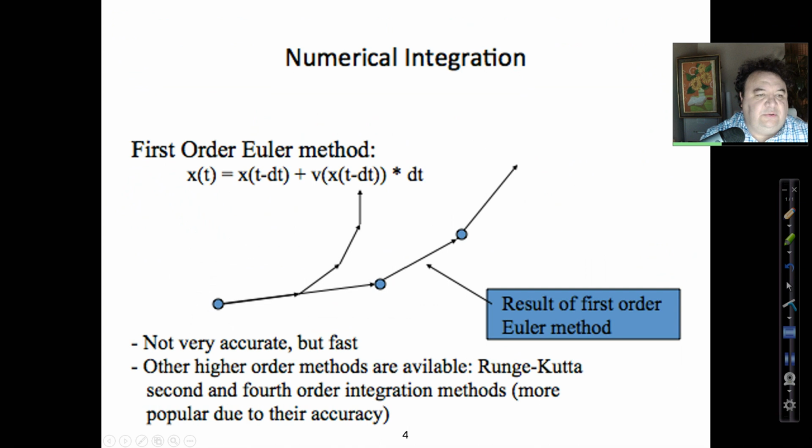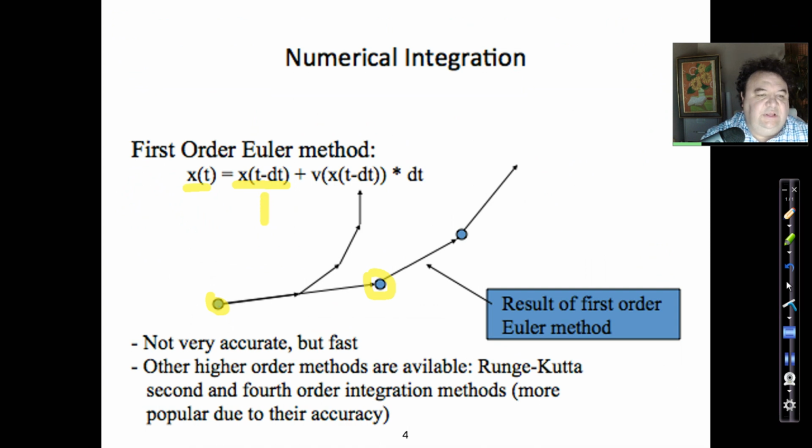So the first order Euler method has a fairly simple equation. So you have the position of, say you have a particular starting point, and we call this x of t minus dt, so it's kind of your previous location, and you want to compute the location that comes after that, so that would be x of t.